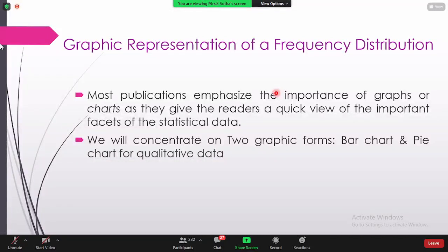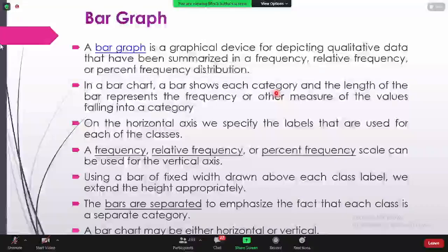Usually the bar chart and pie chart are the best choices for qualitative data to represent the frequency distribution. First we look at the bar graph or bar chart.